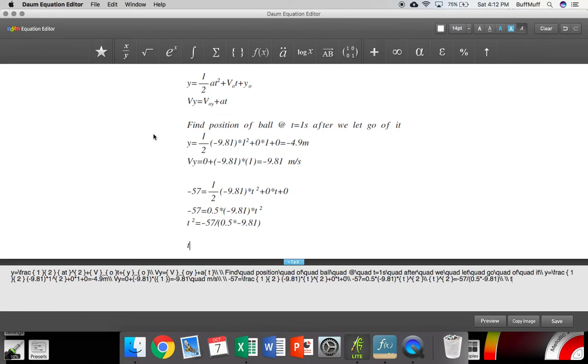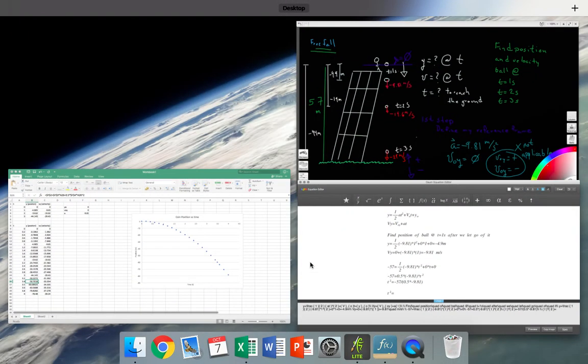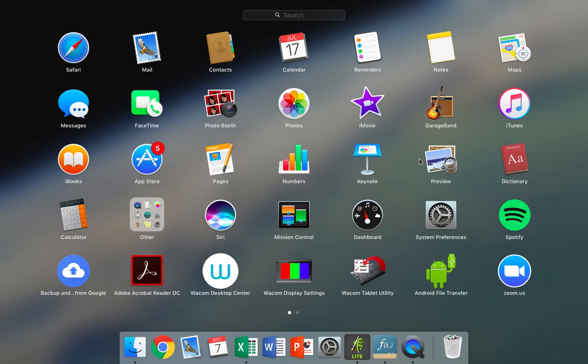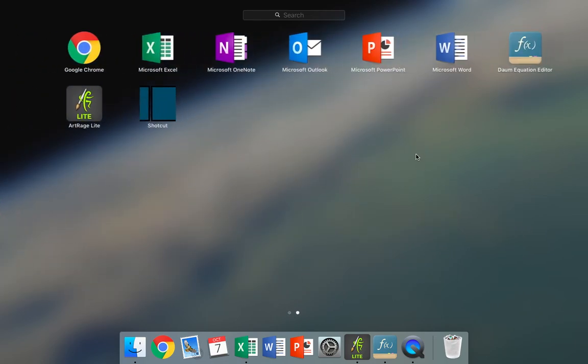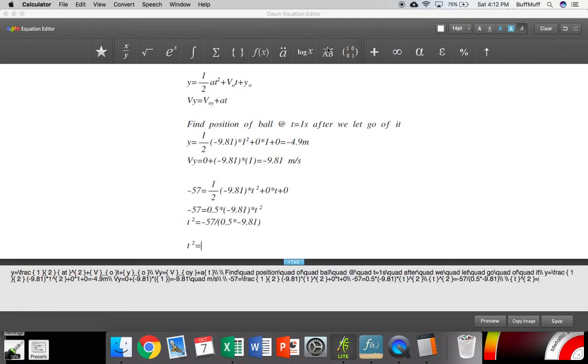So time squared is equal to, here, I don't have a calculator around here. So, okay, let's just use the computer's calculator. Where's the calculator? Yeah, I'm sorry, I'm not a Mac user, so, okay, there we go.